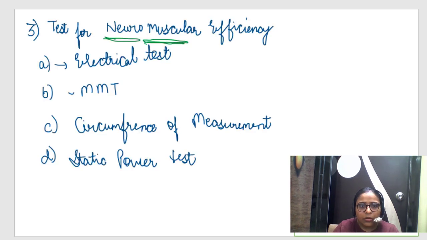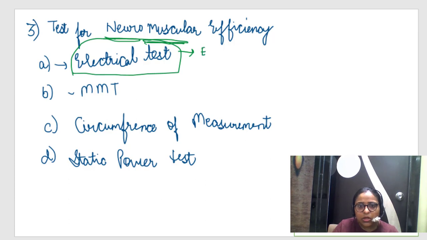See, first is the electrical test. In the electrical test, we are checking only the muscles and the nerves by electric testing, right? And what is this electric test?